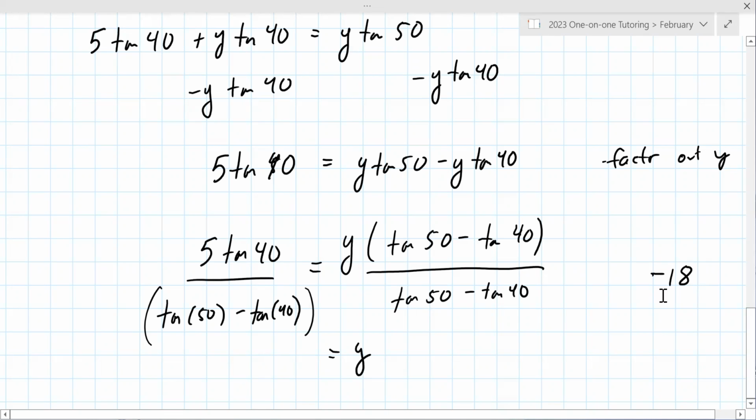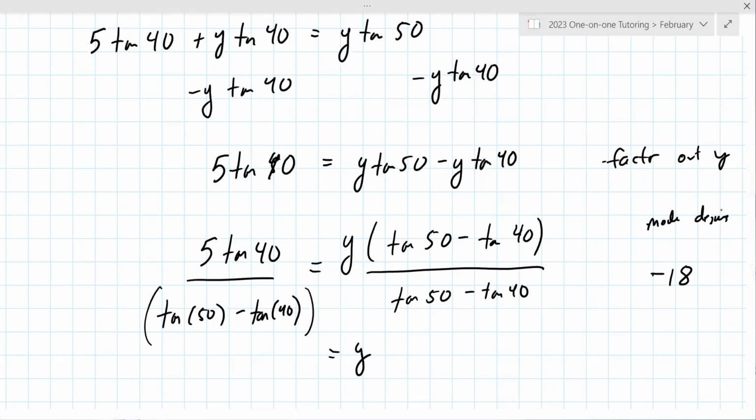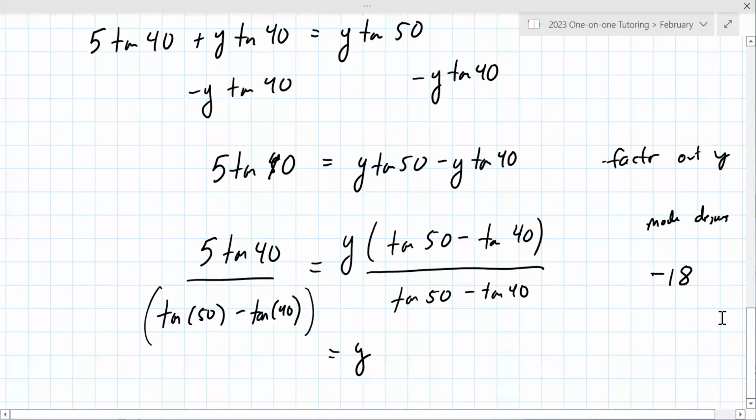We want to recalculate this, but make sure your mode is in degrees. And if you need help entering this calculator, I've got a TI-83 virtual. I'm not in degrees. Oh, it's because I reset my calculator. Okay, let me try that again.